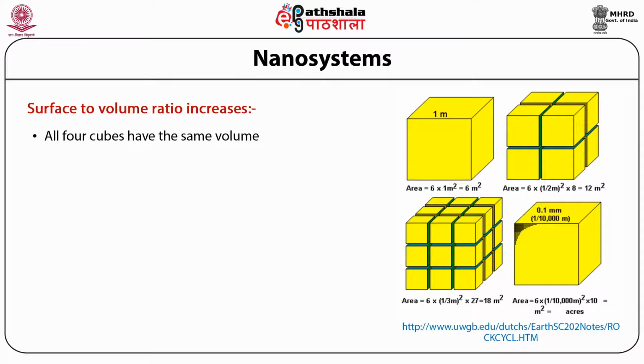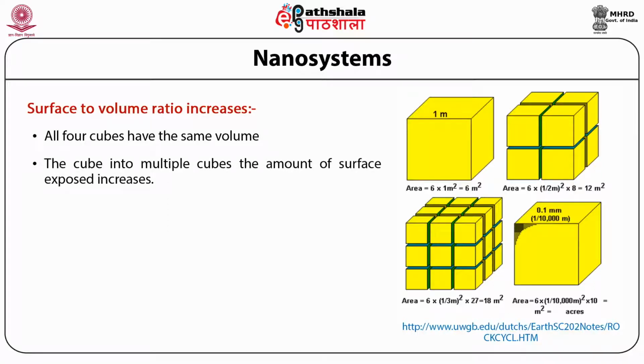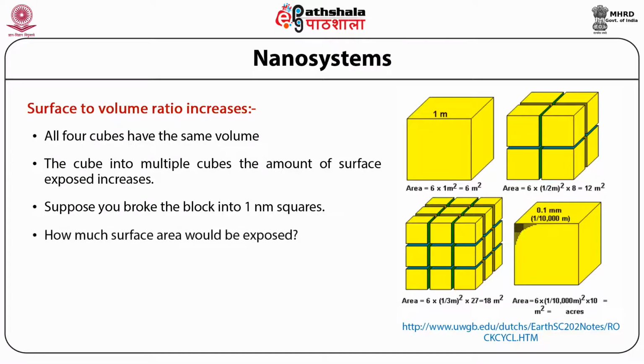Now, if we break the cube into multiple cubes, the amount of surface exposed increases. Suppose we break the block into 1 nanometer cubes, as shown in the last figure. How much surface area would be exposed?